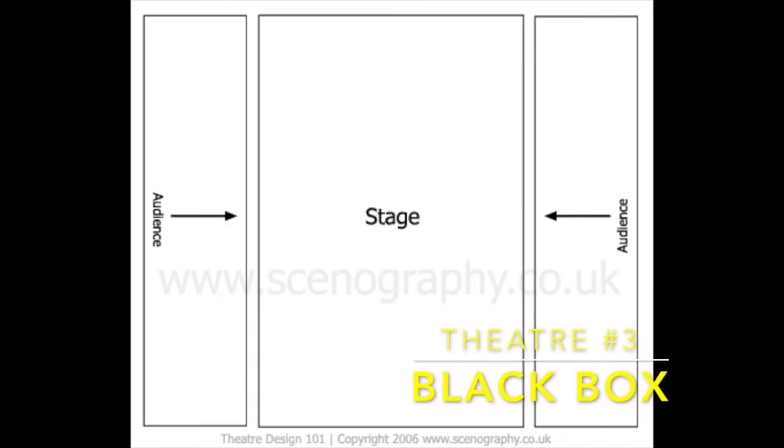Except this is an alley between 2 sets of audience. The audience sits on both sides and they watch the action in the middle. It's kind of like a thrust. It's kind of in the round. It just gives you a little bit more space to do creative staging and a little bit more space for the set designer to create opportunities for creative staging.